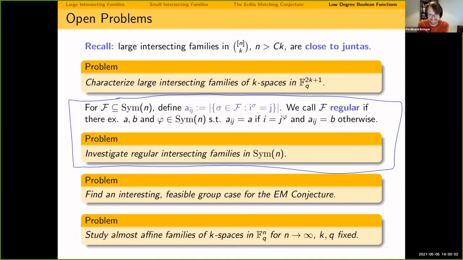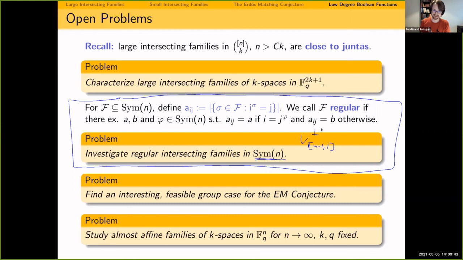But I can say, if you want to define regularity for intersecting families in the symmetric group, then at least for small n, I did not try to look at it for general n, but I guess it's true in general, if you just want that it's orthogonal to this eigenspace, then there are no intersecting families orthogonal to that eigenspace, which you can see by looking at the projection onto that eigenspace.